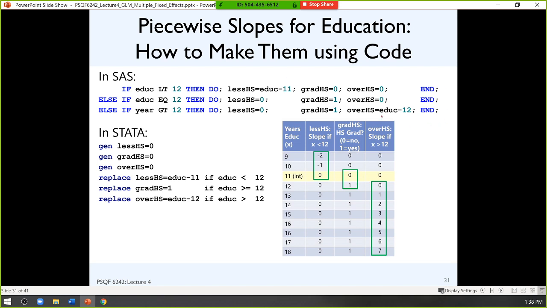That's what this over-high-school variable is going to become here. And don't forget your ends, which match the do's here. The do makes it so that you can do multiple things at the same time within the same if, and end is what shuts that off.